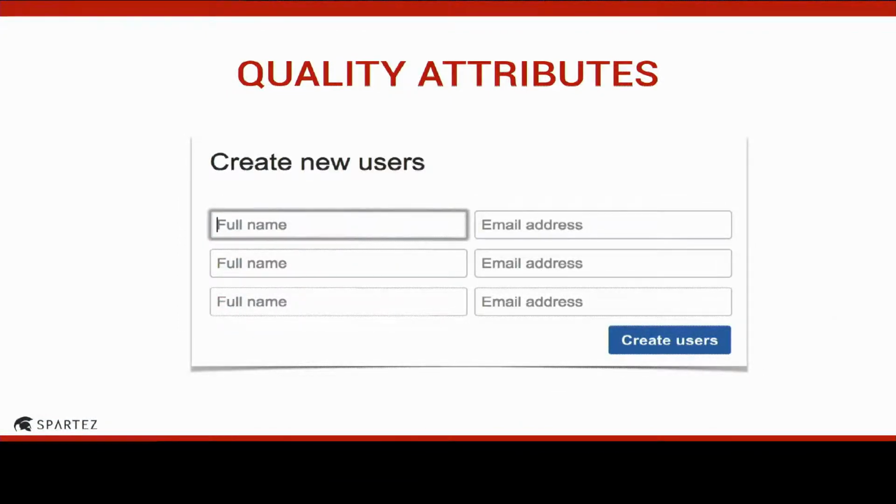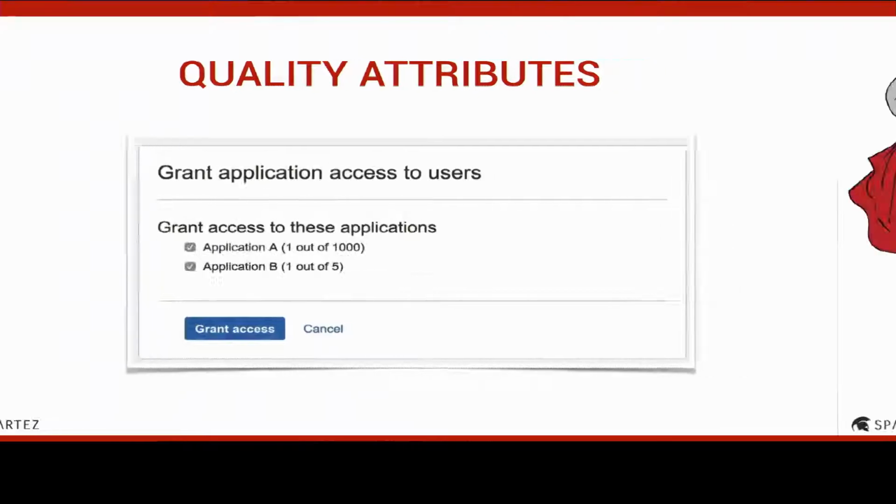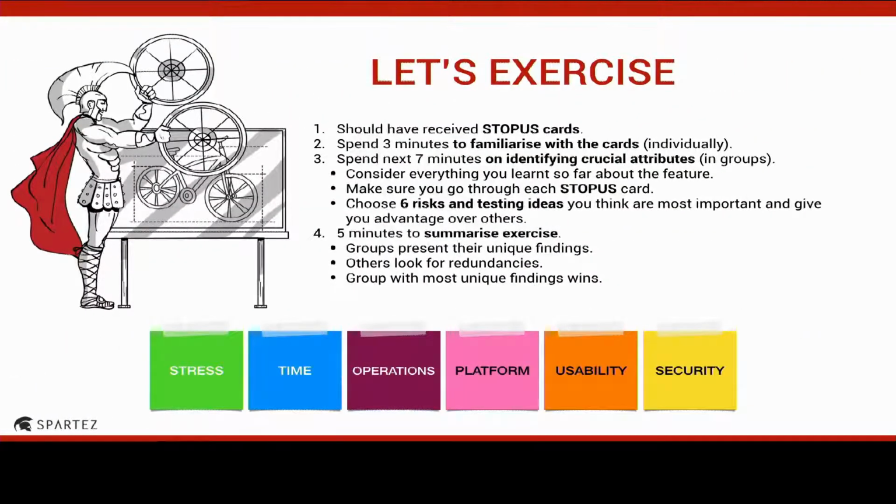In the next exercise, you will use those cards to ask new questions for our administration panel feature, and now you have the full picture of this feature. You know what the business requirements are and also what the architecture is. So in the next exercise, you can use both sets, the STOP ASK cards or the set extended with analytics cards.